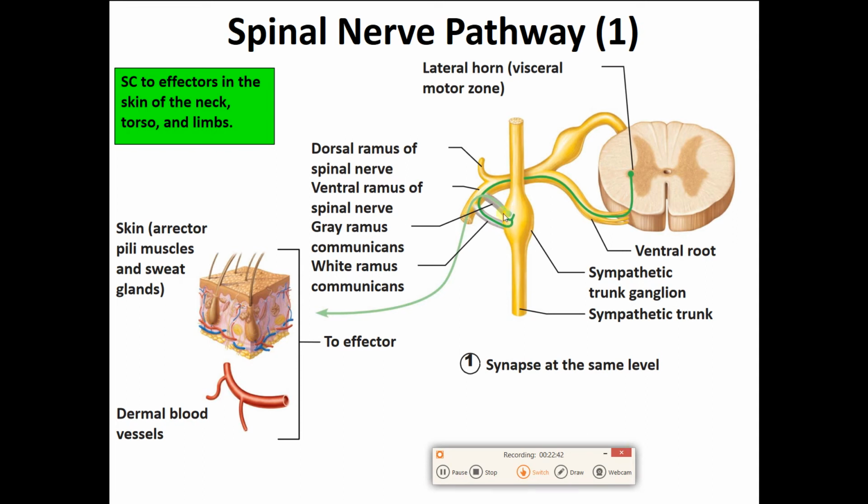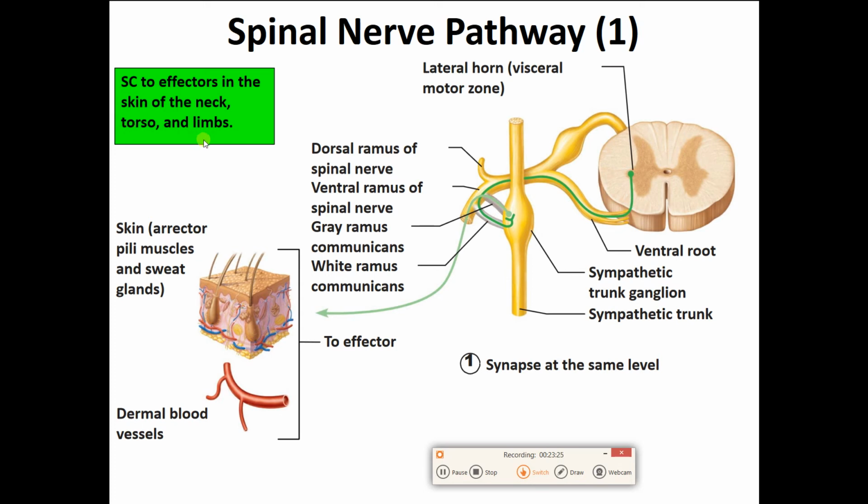And there is a ganglion near the spinal cord called the sympathetic trunk ganglion. And that is where our first neuron, our preganglionic, synapses with our second one, our postganglionic. Then our second neuron comes out that gray ramus communicans back into that ventral ramus, onward to the effector, which could be arrector pili muscles in the skin, sweat glands in the skin, blood vessels in the skin, and we're talking neck, torso, and limbs here.